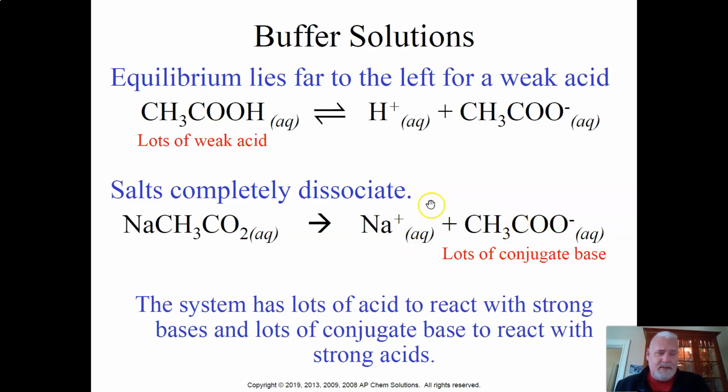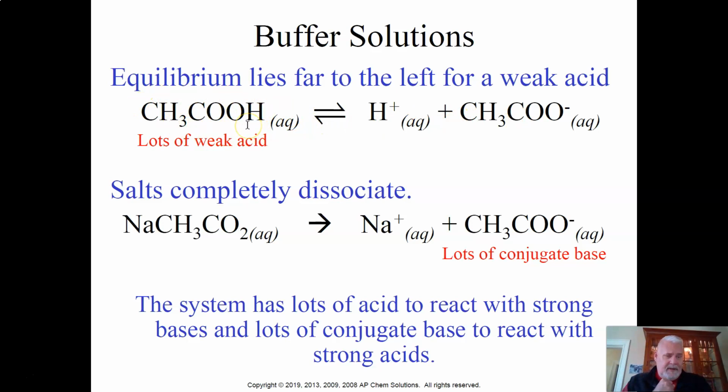So this is what makes such a good buffer. Okay? So you've got lots of weak acid and lots of conjugate base, because you have added more of this, which you wouldn't have hardly any of if you just let this top one go to equilibrium, because this is a weak acid.